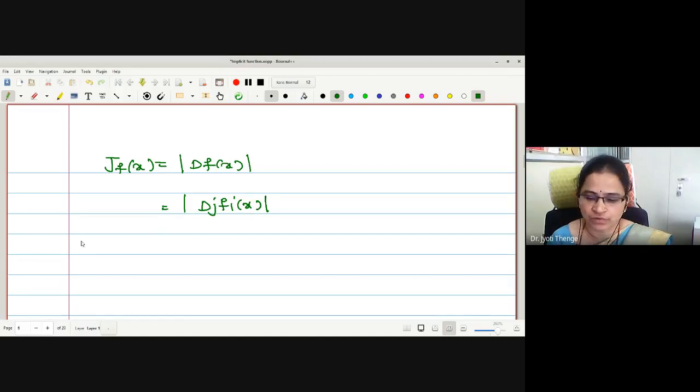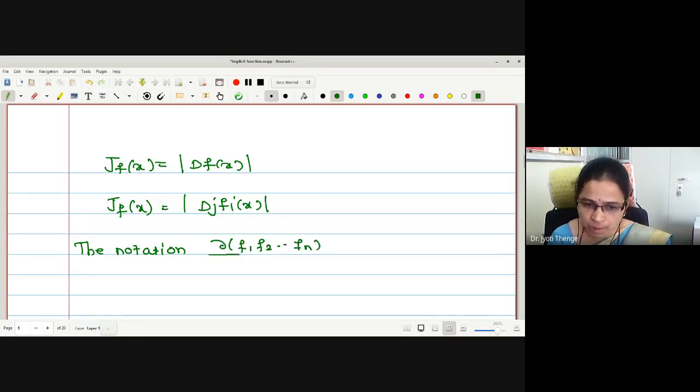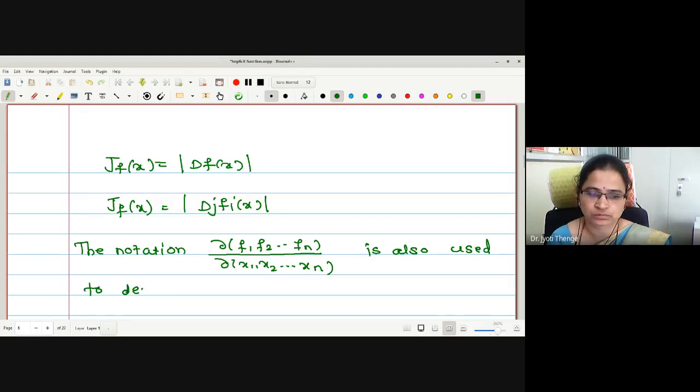Also, one notation we have discussed, ∂(f1, f2, ..., fn) upon ∂(x1, x2, ..., xn), is also used, and we used it in our previous examples, to denote the Jacobian determinant. From now on, we are going to use the notation Jf(x).